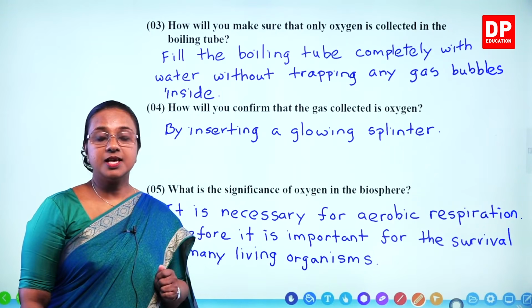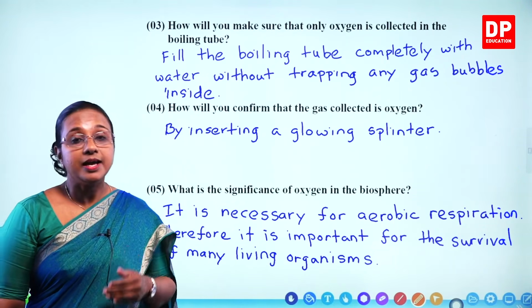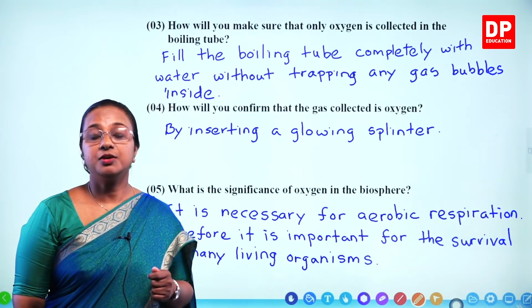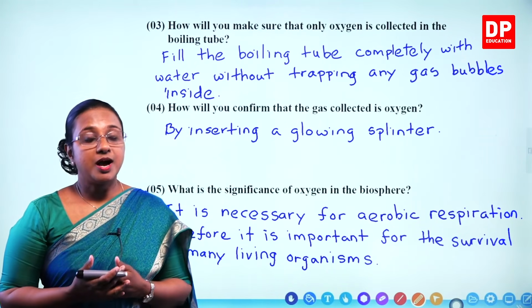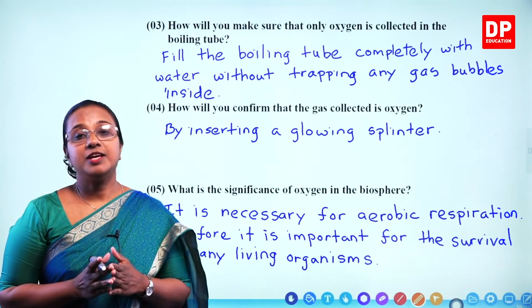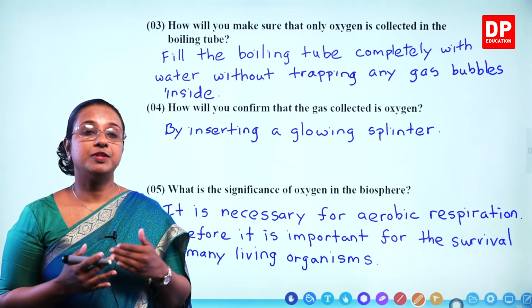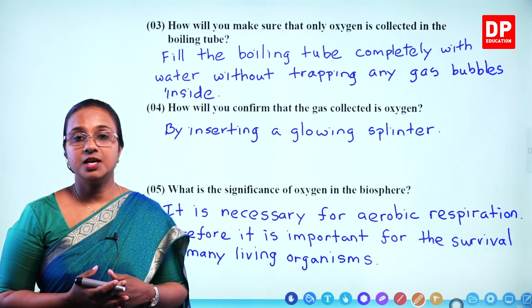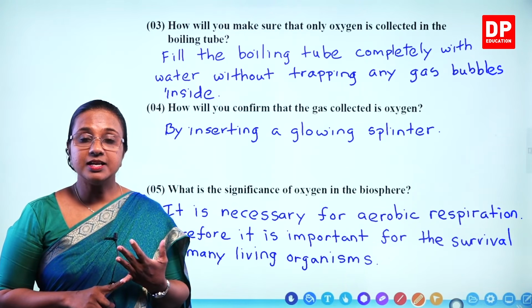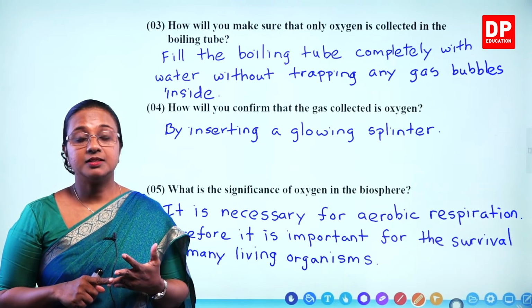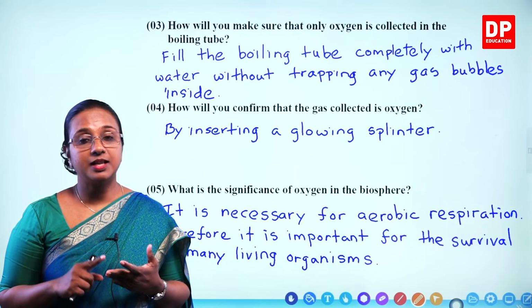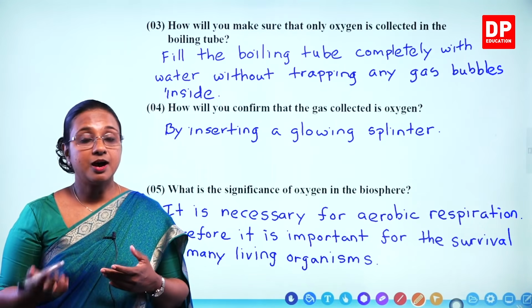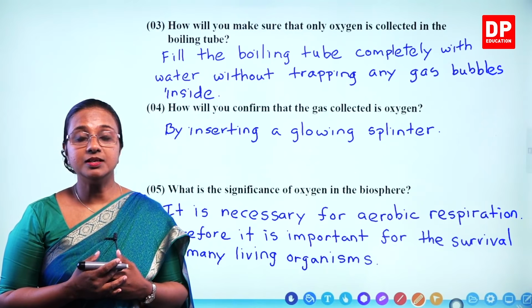With this, students, I have come to the end of the additional questions. I am sure you all have a very good understanding of the process of photosynthesis. You know the factors that are needed, the product that is produced, the main product and the byproduct, and how the main product is converted.